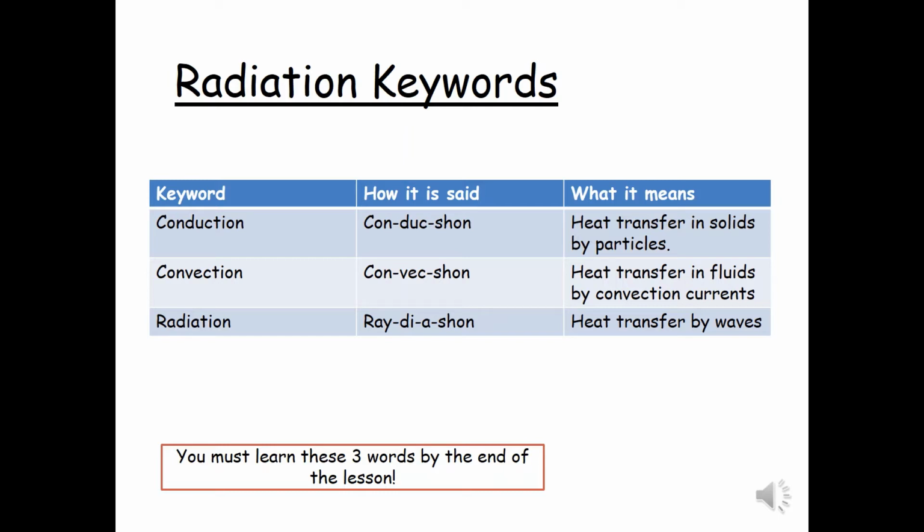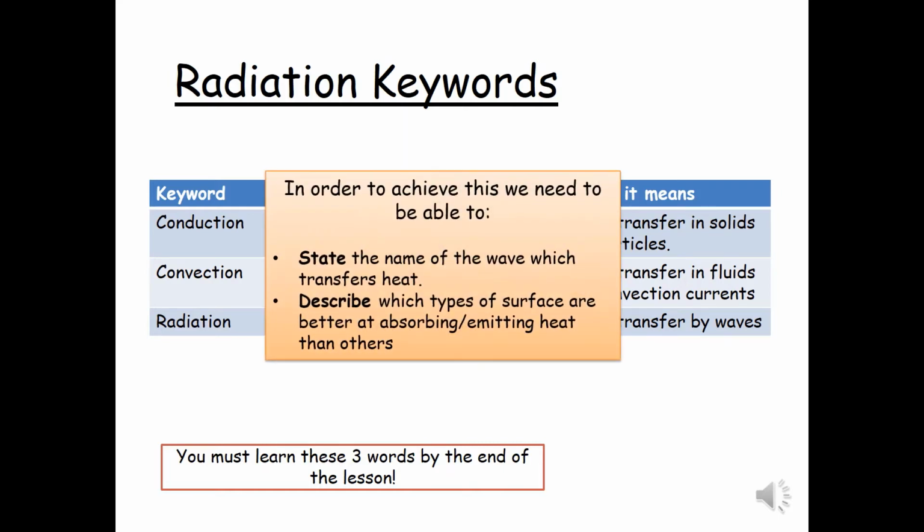Now, radiation, as is our main focus, represents heat transfer by waves, which normally takes place in a vacuum. Now, in order for us to achieve our objective, we need to be able to state the name of the wave which transfers heat and describe which types of surface are better at absorbing or emitting heat than others.